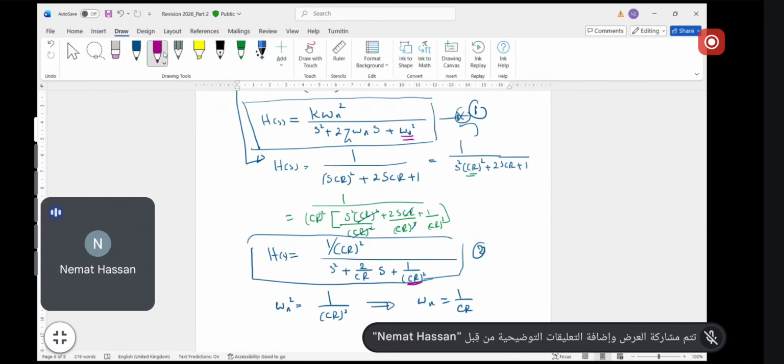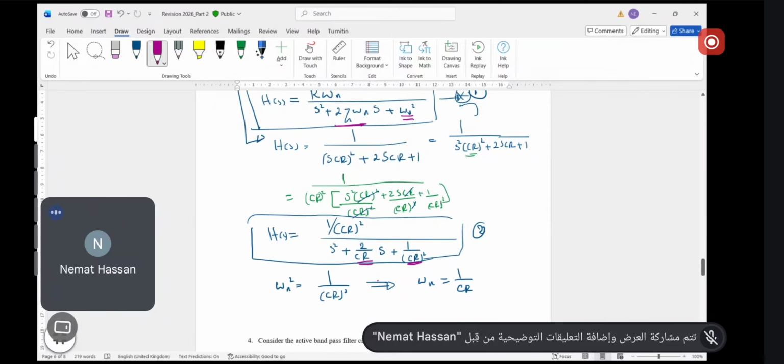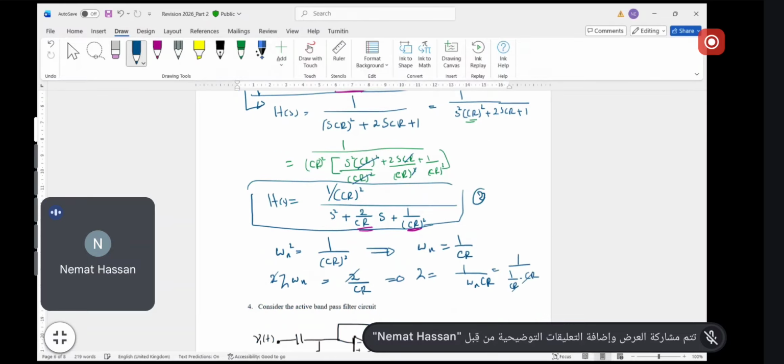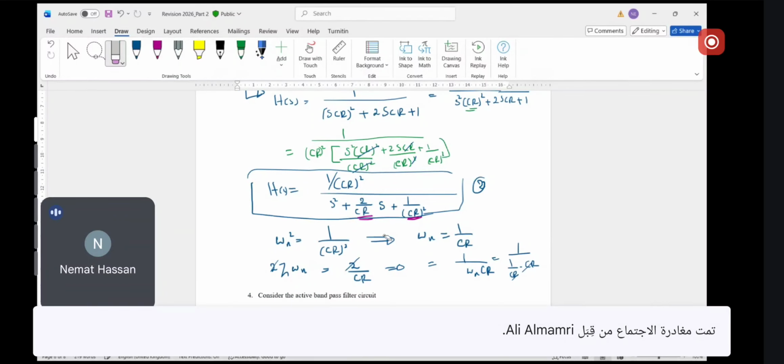And then we can compare the second term, the coefficient of S. What do we get? 2 times zeta times omega n is equal to 2 over CR. Meaning the 2s cancel each other, right? Zeta is equal to 1 over omega n CR. Well, omega n is 1 over CR, so zeta is 1 over CR times CR. Zeta is equal to, what does that tell you about the system?